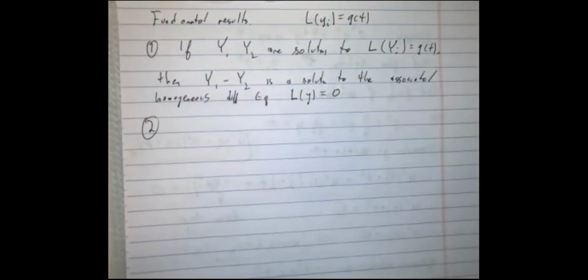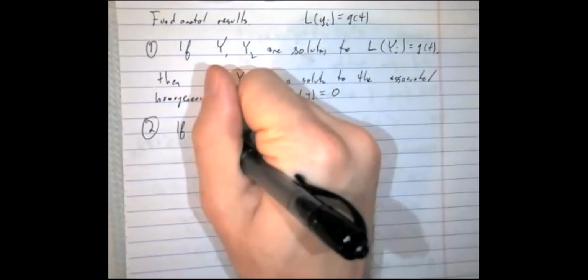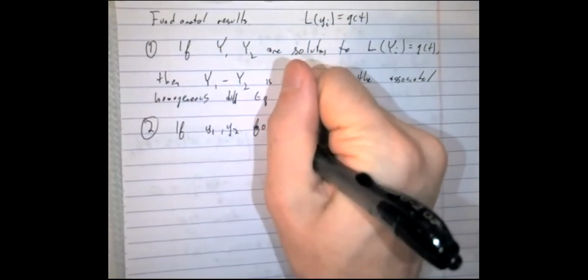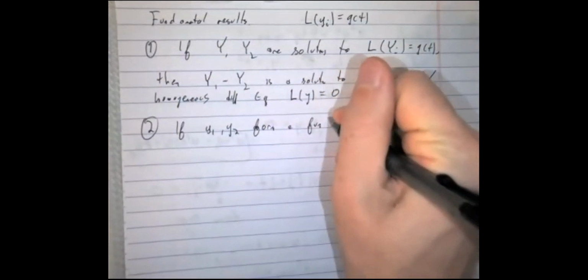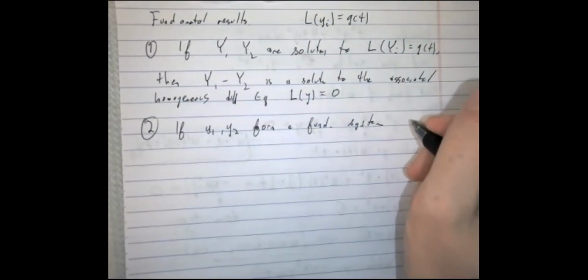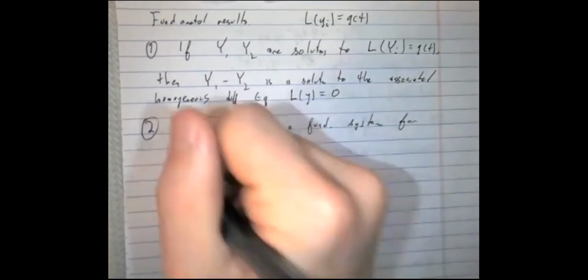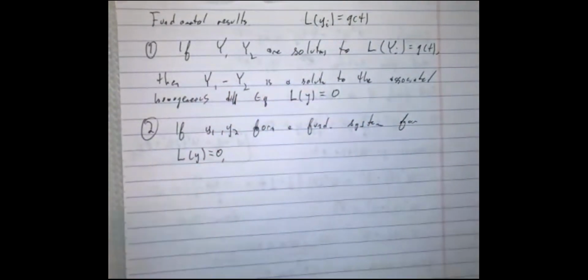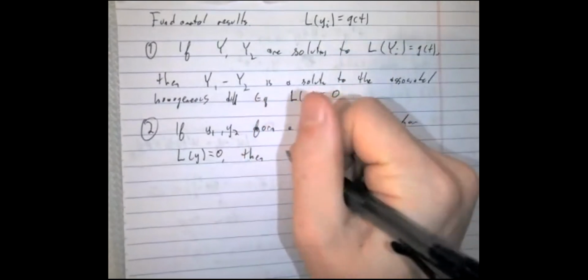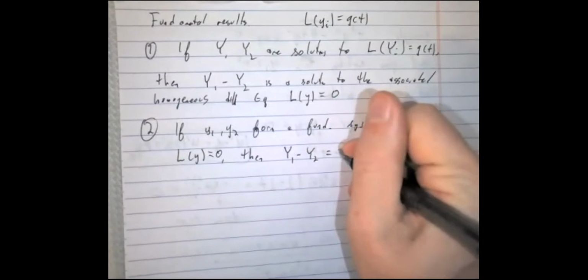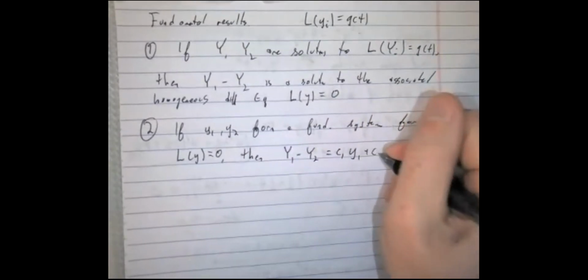Moreover, the second part: if y1 and y2, here I'm using little y's, form a fundamental system of the homogeneous piece for L of y equal to 0, then we can express this difference, Y1 minus Y2, as c1 y1 plus c2 y2.